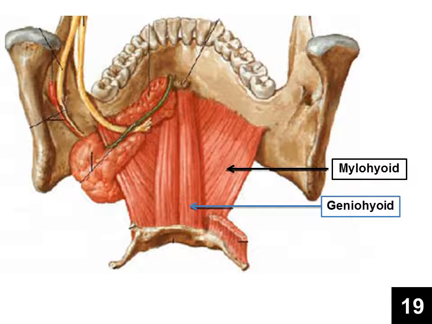Now in this diagram you can see the geniohyoid lying on the superior surface of mylohyoid. They are two, right and left, cylindrical muscles that lie side by side and take origin anteriorly from the lower mental spine, which we called the inferior genial tubercle, and are inserted into the upper border of the body of the hyoid bone.